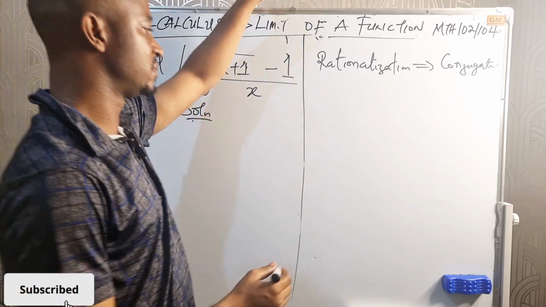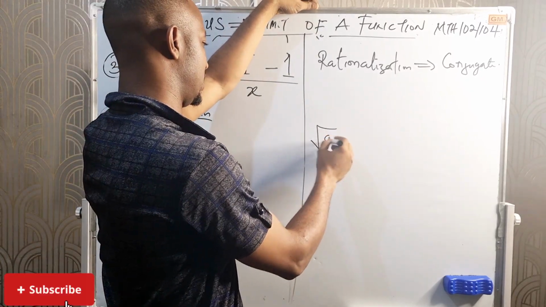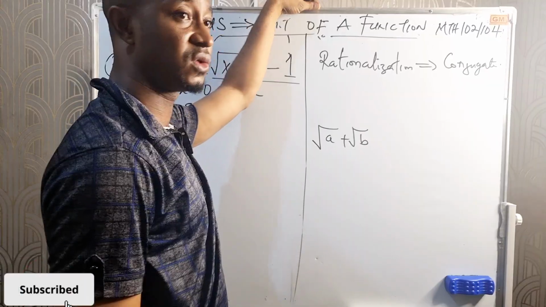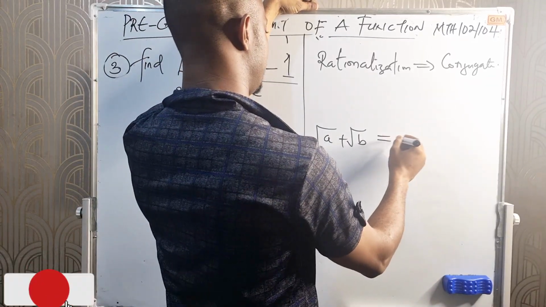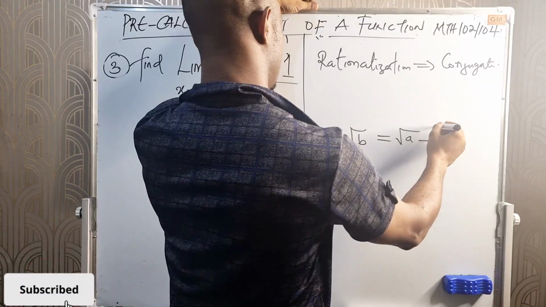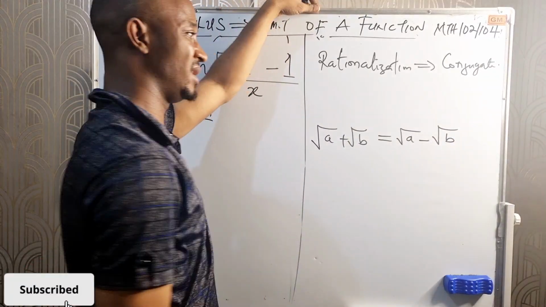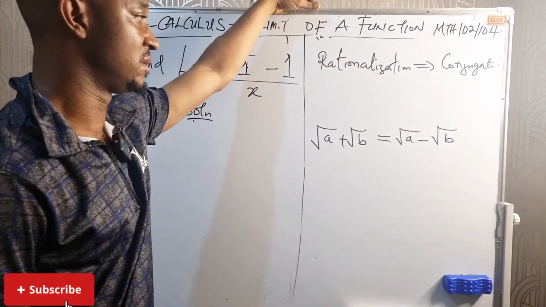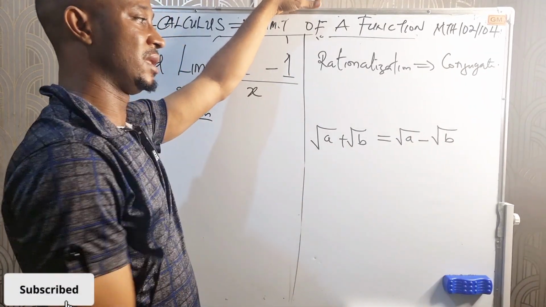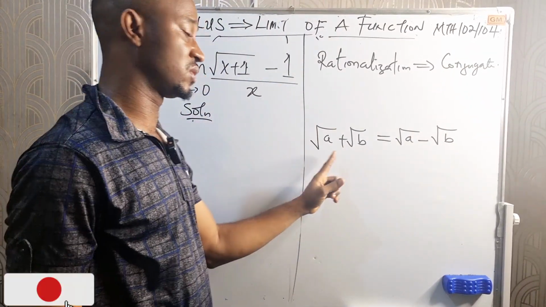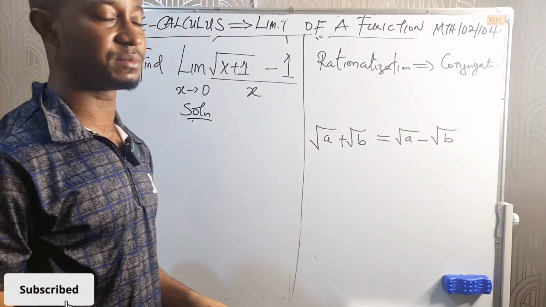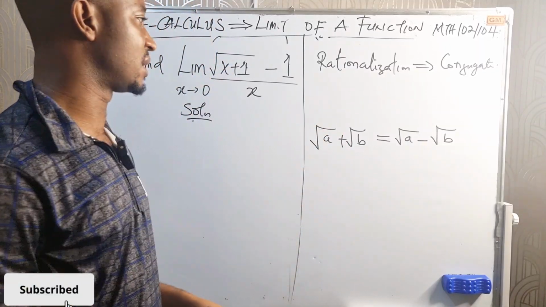For example, if I have root a plus root b, the conjugate of this is simply root a minus root b. Conjugate means the reverse sign. If the sign here is plus, here becomes minus. That means the conjugate of this is also this. Because the sign is minus, its conjugate becomes plus. Are you there?